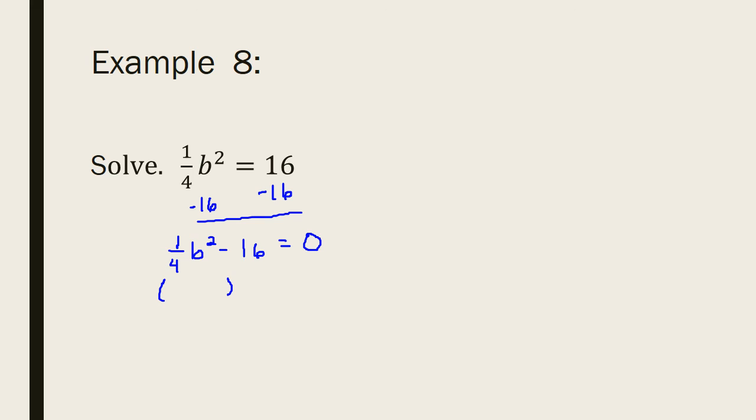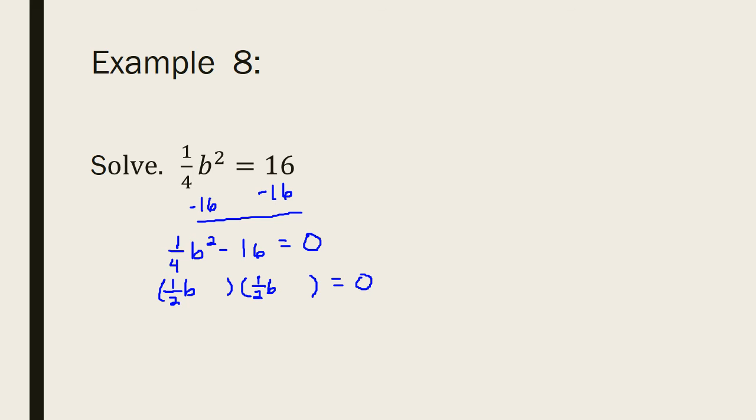So you do your two sets of parentheses. The square root of 1/4 b squared, well, the square root of 1 is 1, the square root of 4 is 2, and then the square root of b squared is b. So that means it gives us 1/2 b.